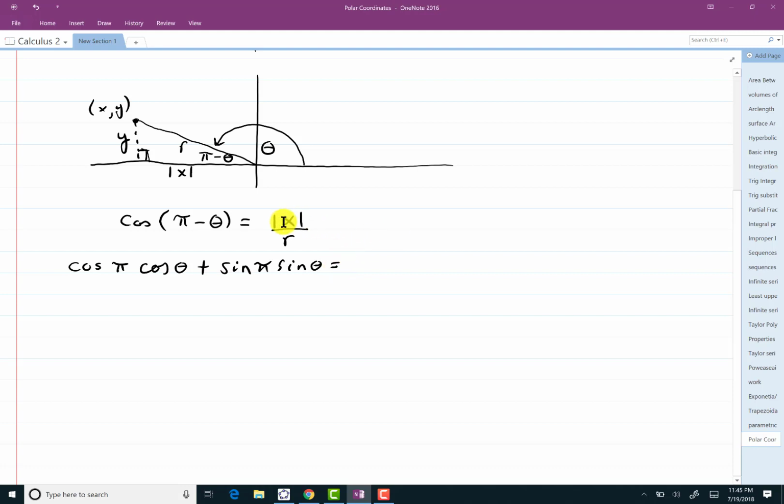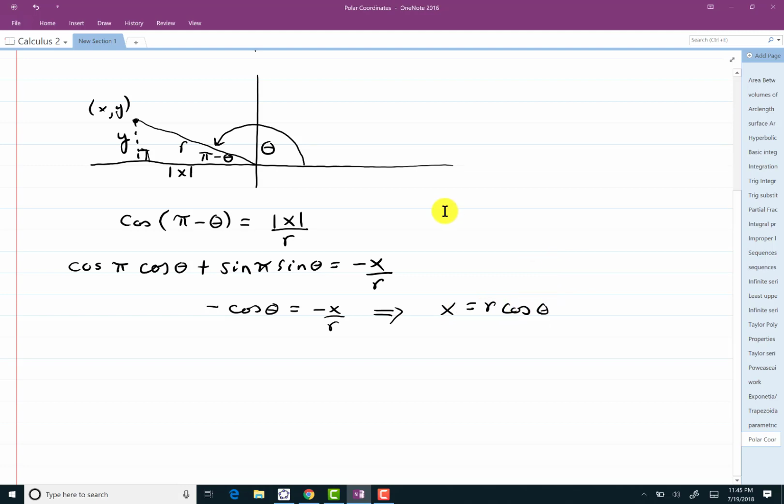And the other side, since x is known to be a negative number, the absolute value of it is equal to negative x. r was no problem. It was still a distance between the point and the origin. Sine of pi is 0. Cosine of pi is negative 1. So I get negative cosine of theta equals negative x over r. When I simplify and multiply through by r, I get x equals r cosine of theta.